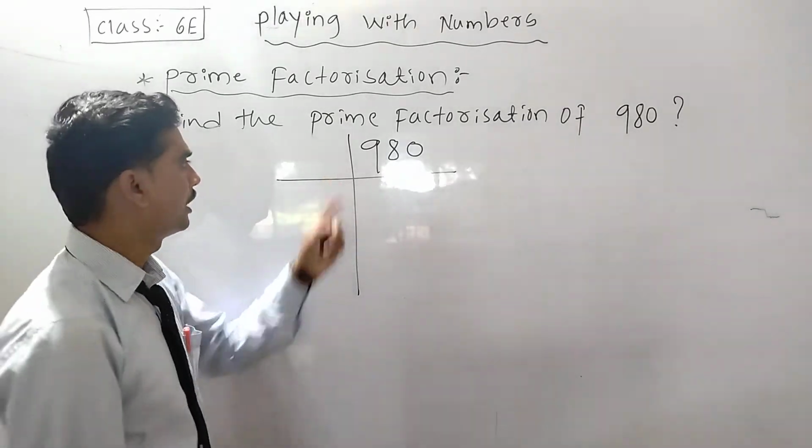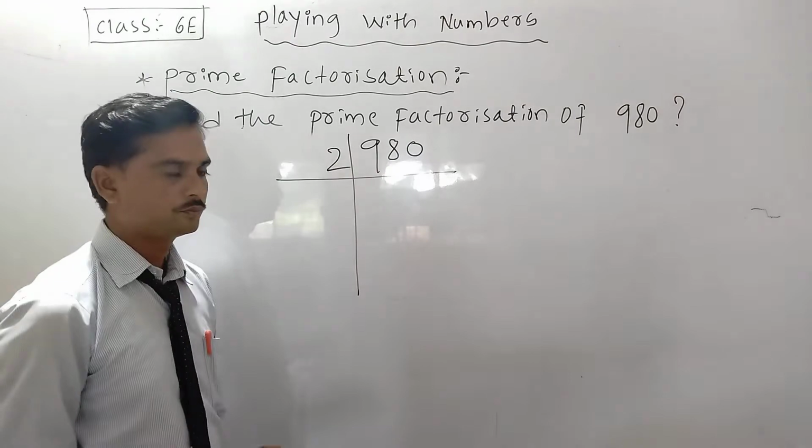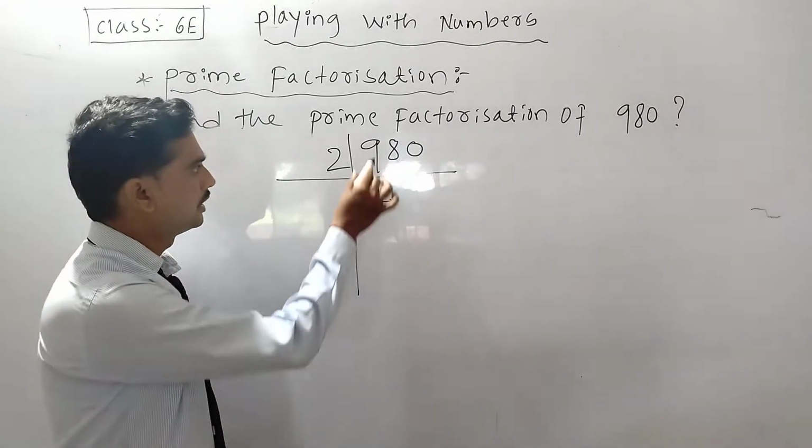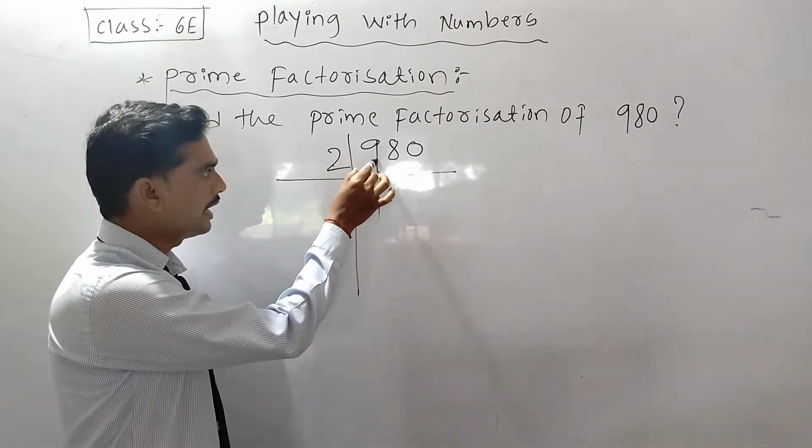Using only prime numbers. Okay, 2 fours are 8.